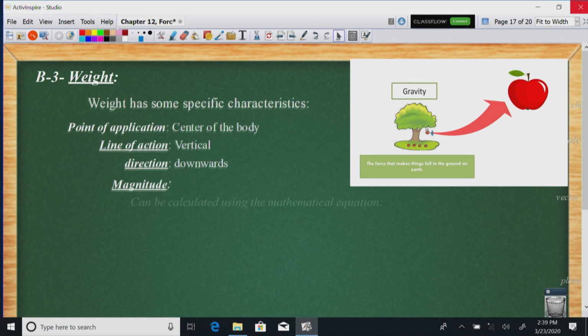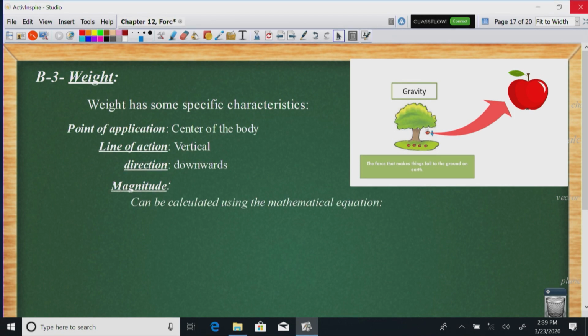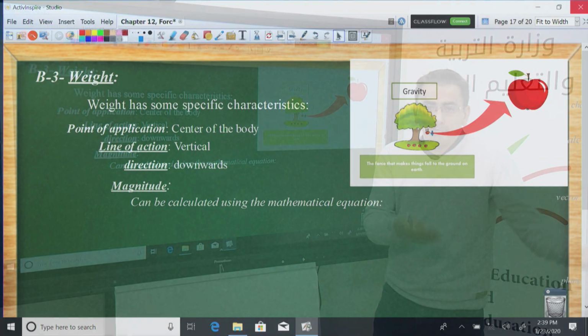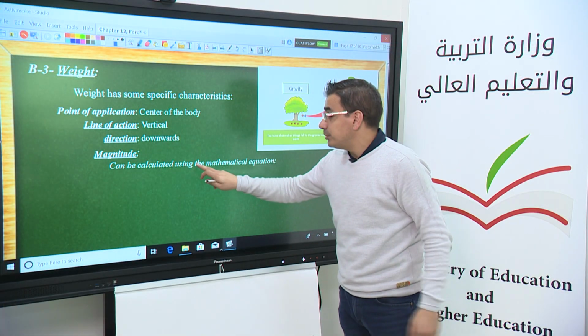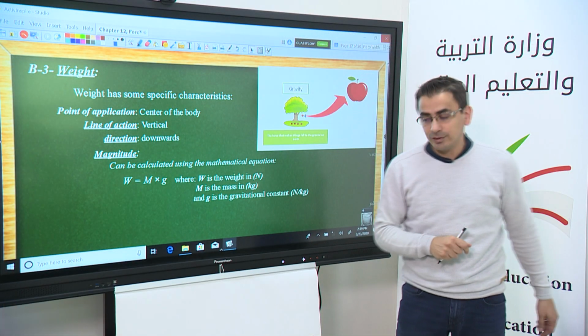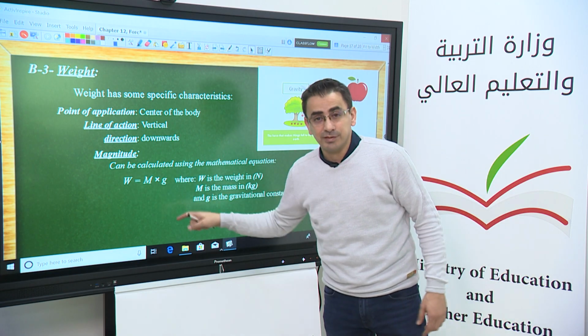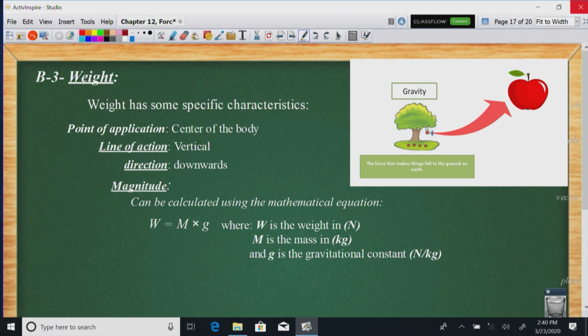So the magnitude of the weight can be measured by a dynamometer, of course like any other force. But it can also be calculated by a mathematical equation. And this is a rule we must memorize: weight equals mass times gravity.